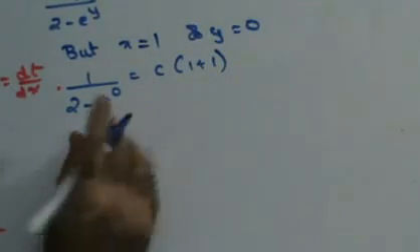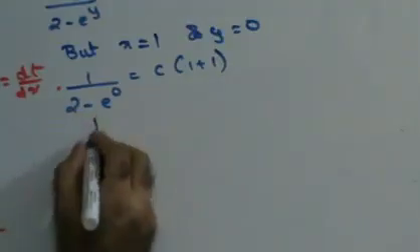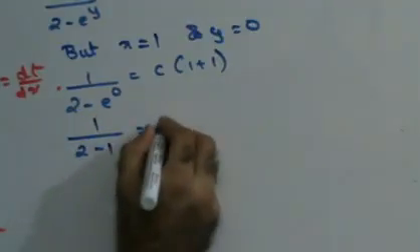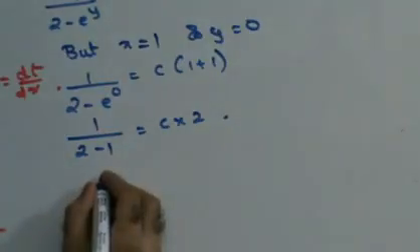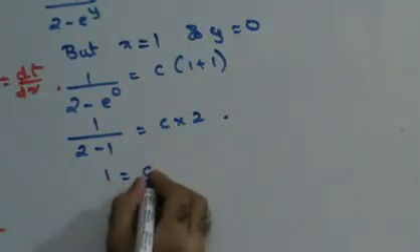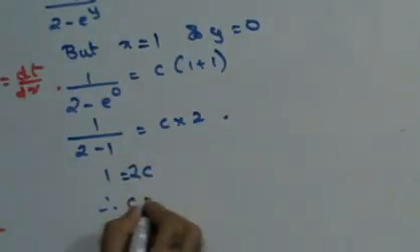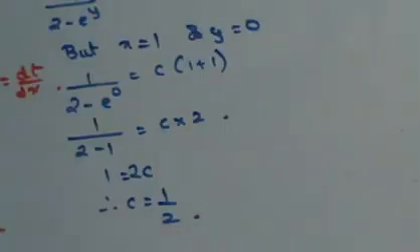So this will be 1 upon 2 minus 1 is c into 2. 1 is equal to 2c. Therefore c is 1 upon 2. Substitute this back in the original equation. Therefore you will get 1 upon 2 minus e raised to y is 1 upon 2 into x plus 1 is the particular solution.